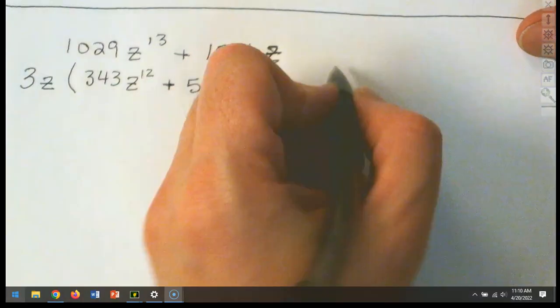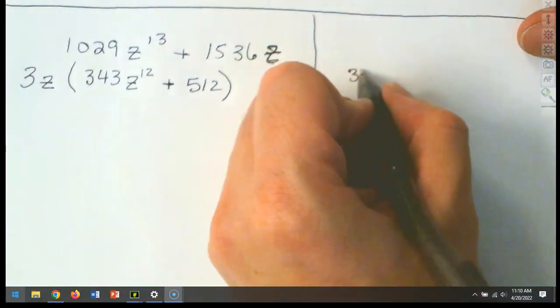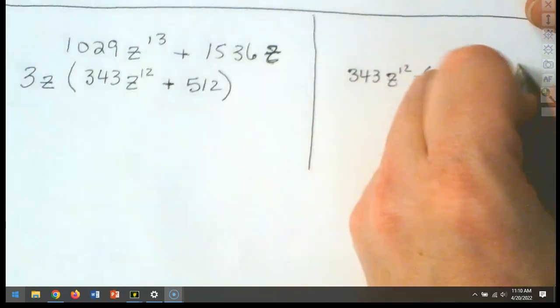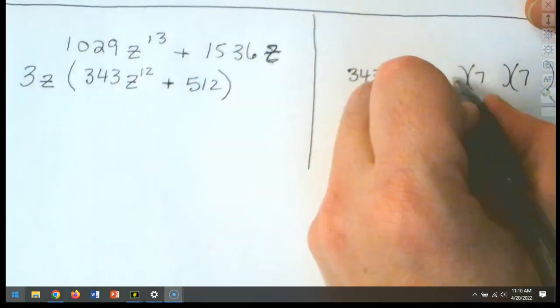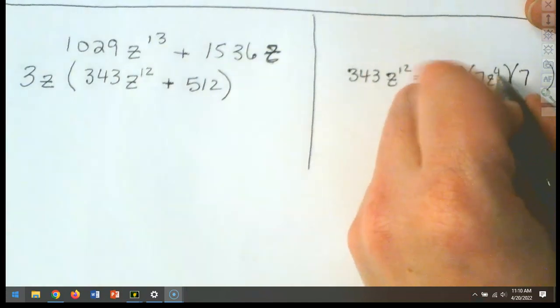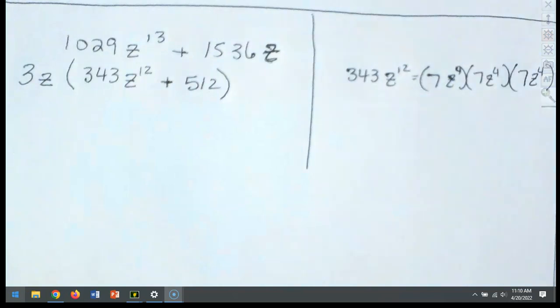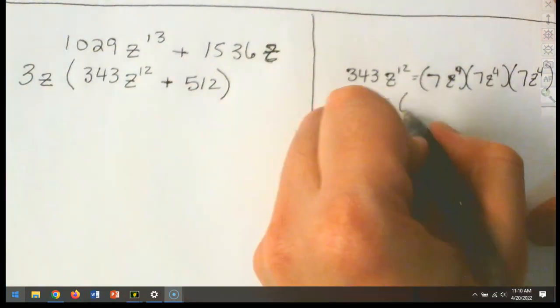So now let's work these out over here. 343, z to the 12th. Well, 343 is 7s. So 7, 7, and 7. 12, divide that by 3, that's z to the 4th, z to the 4th, and z to the 4th. 5, 12 is 8.